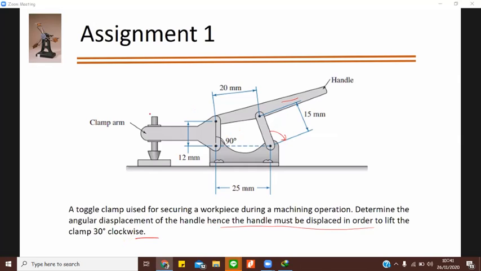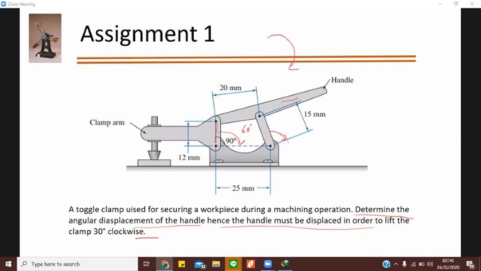Right now in this position your clamp is locked, it is at 90 degrees, and you want to move this clamp 30 degrees clockwise. So what is the clockwise direction? This is the clockwise direction. If you move this 30 degrees clockwise, this angle will become 60 degrees. So this is what we want to determine, the angular displacement of the handle.